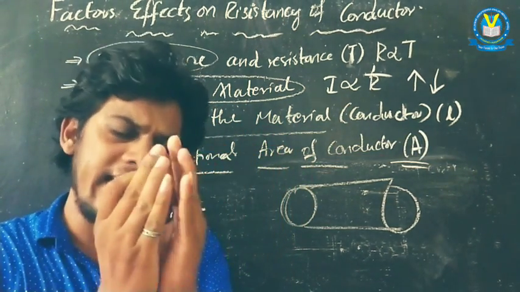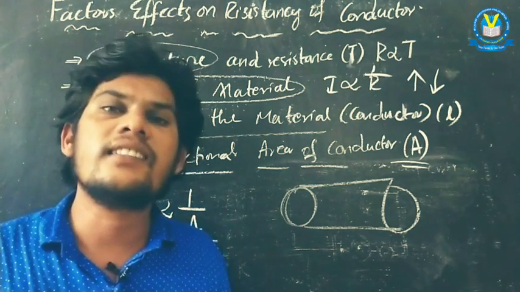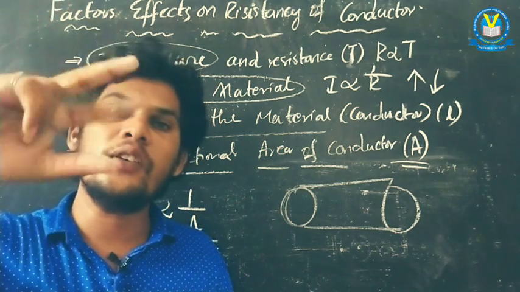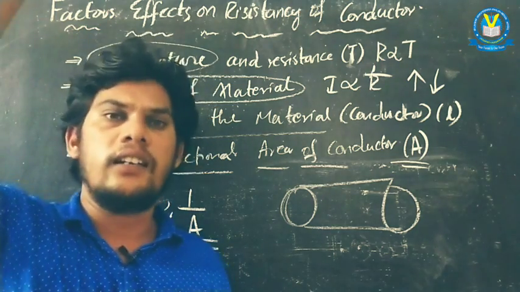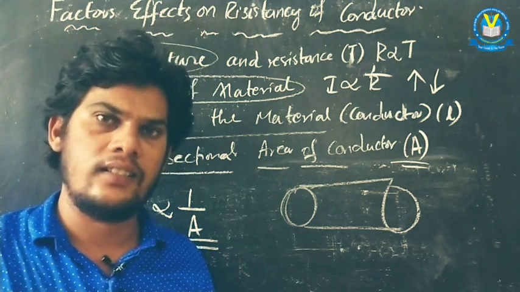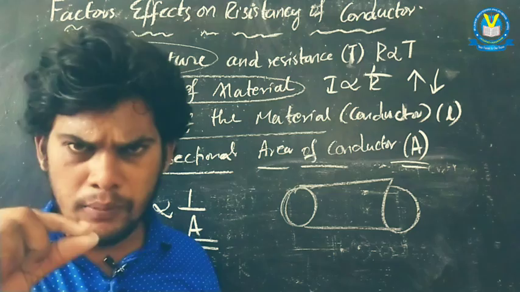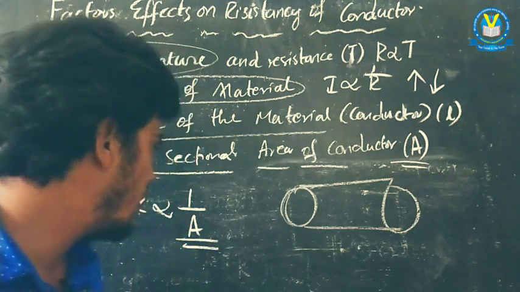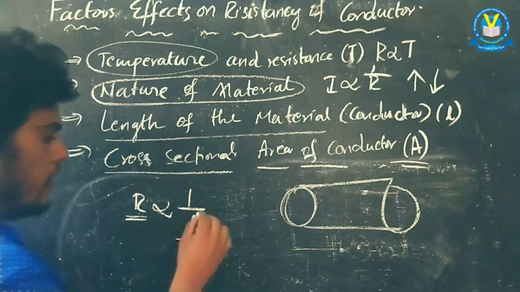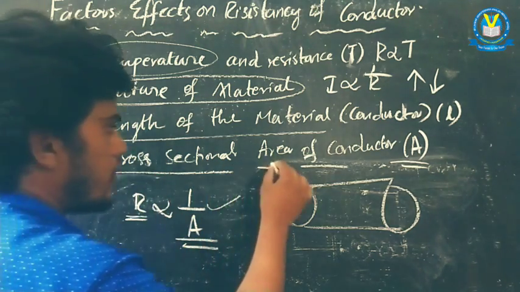Cross-sectional area less means resistance more. They are opposite to each other. Cross-sectional area increases means resistance decreases; cross-sectional area decreases means resistance increases. They are inversely proportional. So resistance is inversely proportional to the cross-sectional area of the conductor.